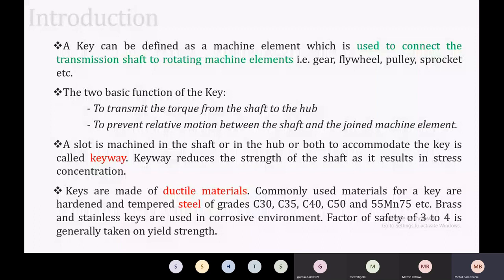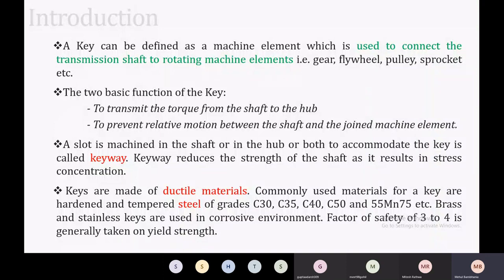Now our objective is to design that key. See, the chapter itself is called design of key or key design. When we refer to design, we are interested in identifying the geometrical dimensions of the key. Generally those geometrical dimensions we can fix based on the strength available in the material itself, and where the application of that key is.